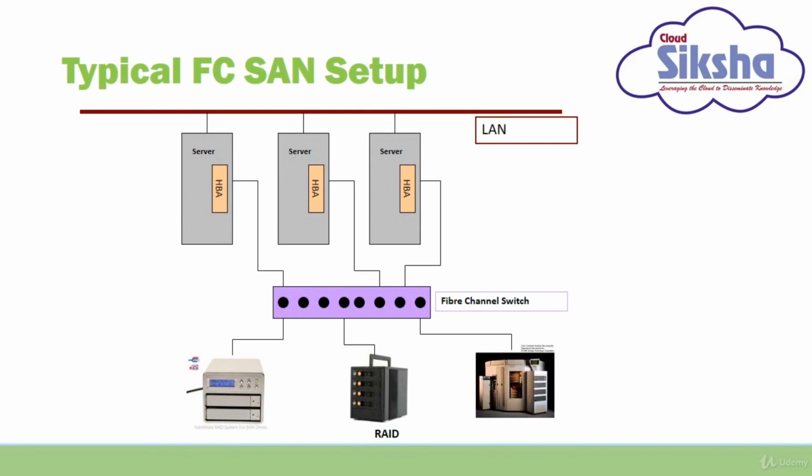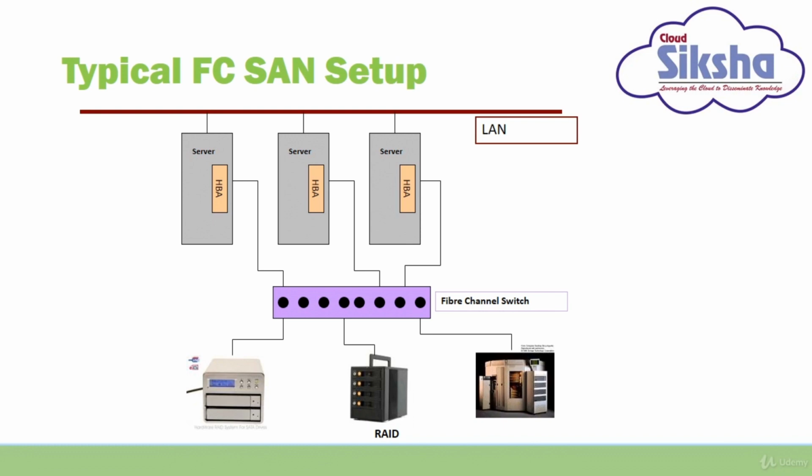Here, there is something called a fiber channel switch which resides in your network. Your servers connect to this particular switch through a special card called an HBA, or host bus adapter. This is a special fiber channel card, and using a fiber cable, your card is connected to this fiber channel switch. On the other end of the switch, you have your storage devices.